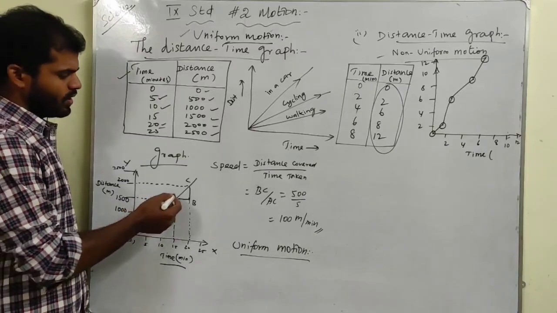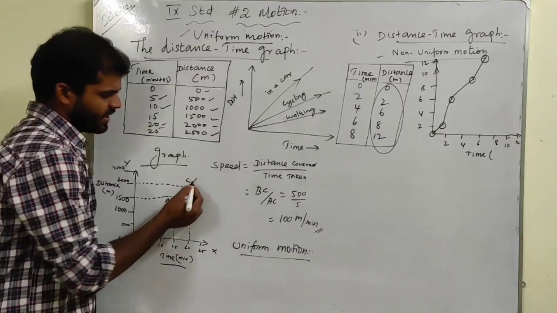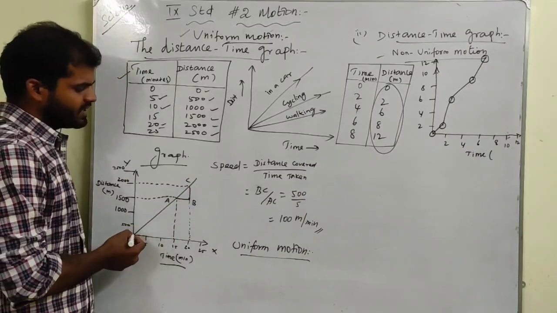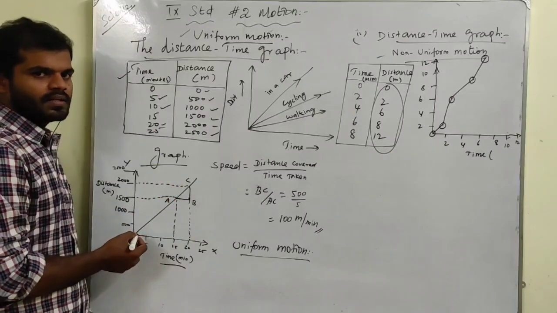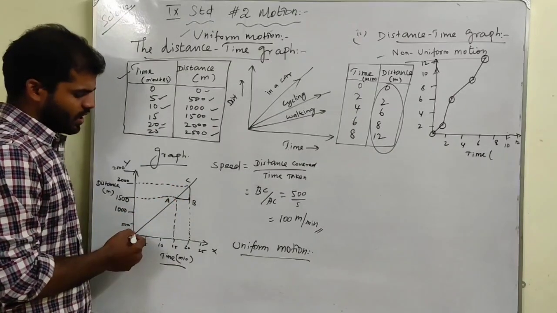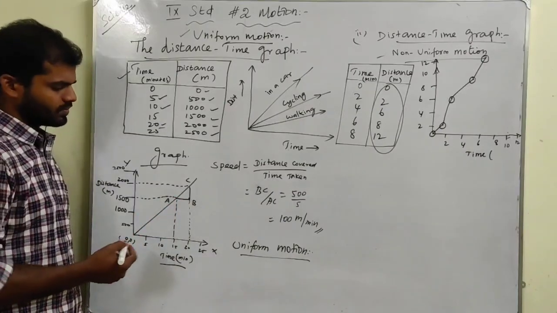When you join all the points, you get a straight line. When the line is straight, there is no variation in speed over time. They are going in a smooth way, which means they are in uniform motion, right?